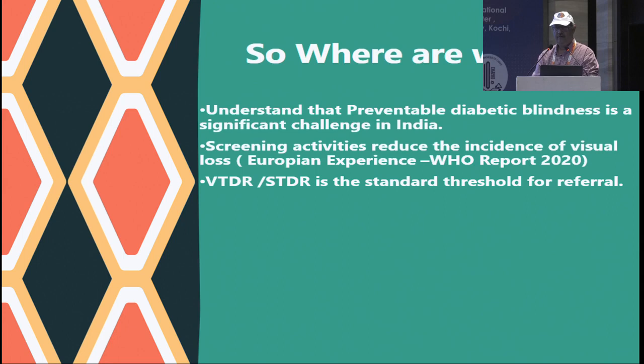VTDR we took as the standard threshold for referral, and now we have reduced it to MTMDR. So we are using the same criteria for human resource training that they are using for AI. So in order to evolve the AI, the disease has been simplified, the classification has been simplified, and the criteria has also been simplified.